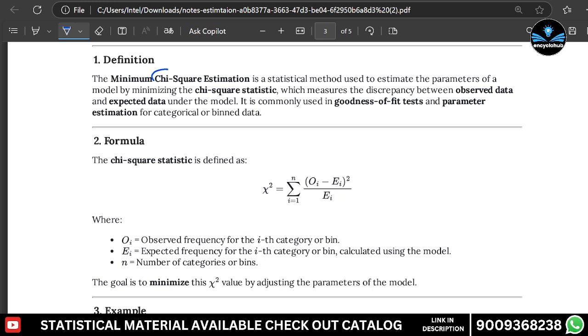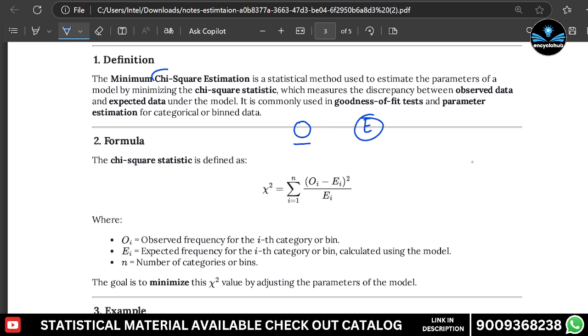So what is meant by the expected or the observed data? Suppose that we have data which is already expected. We are expecting this data should be there, and when we observe the data, this is called the observed data.